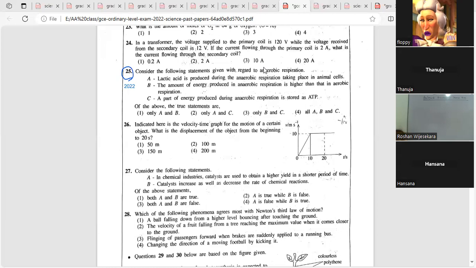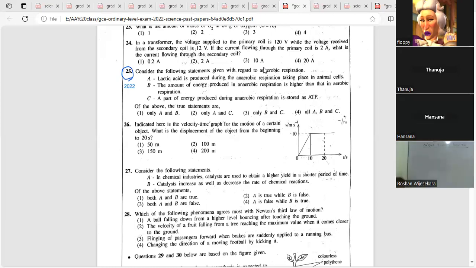Hansana, are you still writing? Finished. Okay. That is the 2022 question. Consider the following statements with regard to anaerobic respiration. Anaerobic respiration means respiration without oxygen.